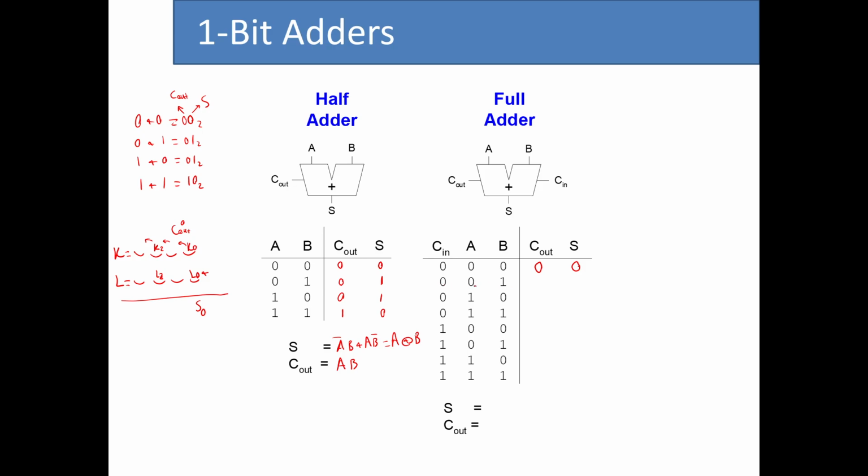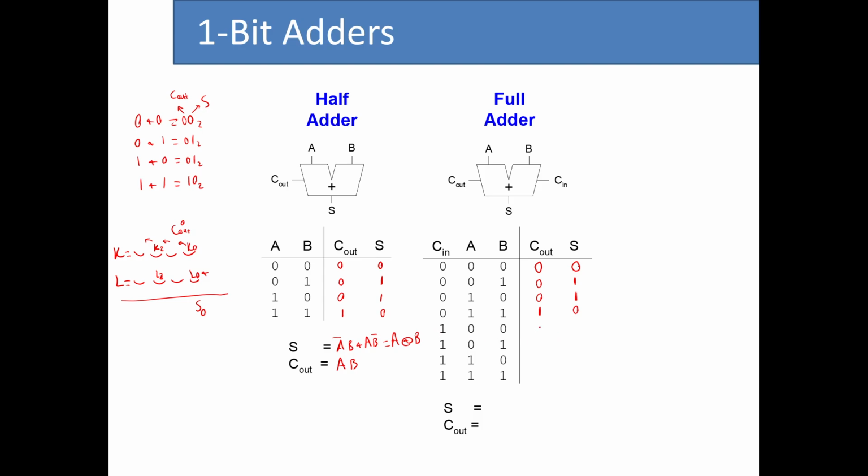When C in is 0, A is 0, B is 1, carry out is 0, summation is 1. Similarly, when carry in is 0, A is 1, B is 0, carry out is 0, and summation is again 1. When carry in is 0, A and B are both 1, we have a carry out as 1, and the summation is going to be 0.